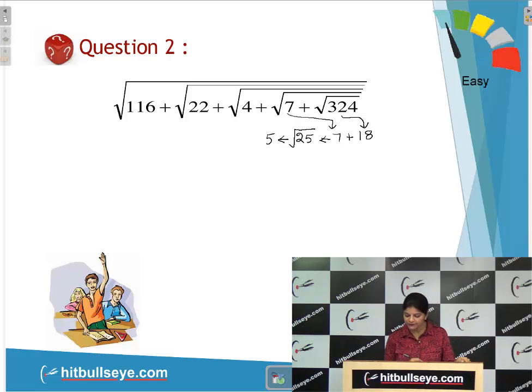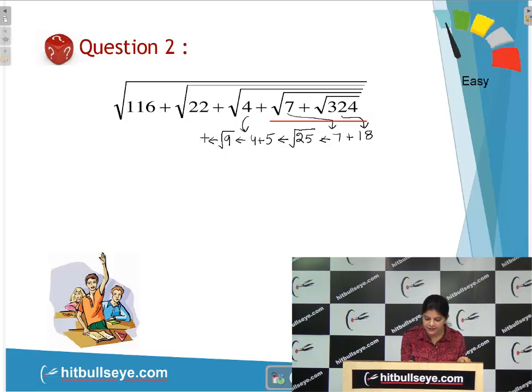Now we have solved till this much part of the question. Now in the next step, we will pick up this number 4, add with this 5. The result is 9. And again, there is a root sign on the top of this expression. So we will do root of 9.